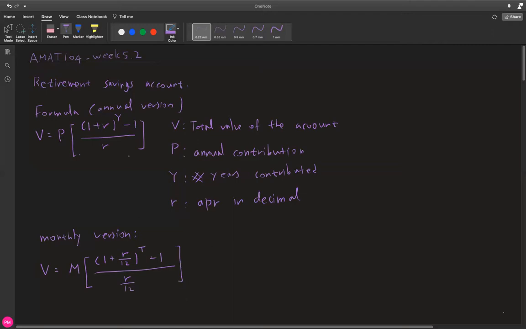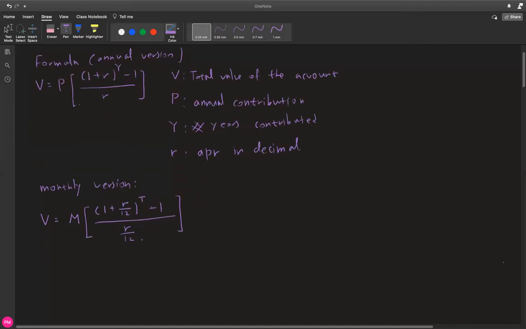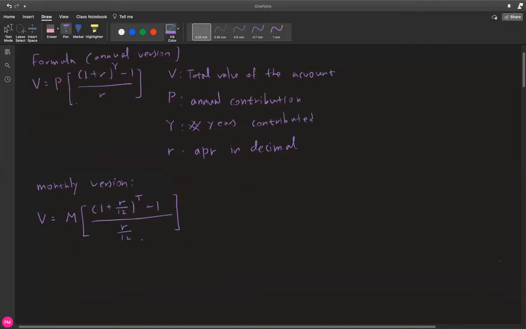So these two are actually the same formula, but the variables are just defined differently. So here, obviously, the V is the total value of the account. And in this case, the M is the monthly contribution.